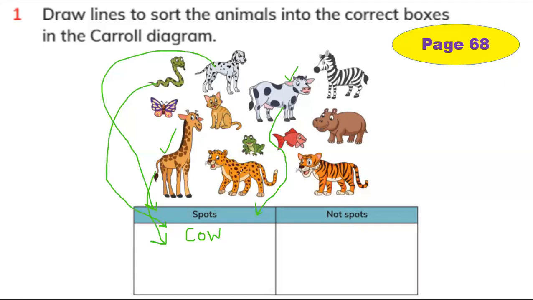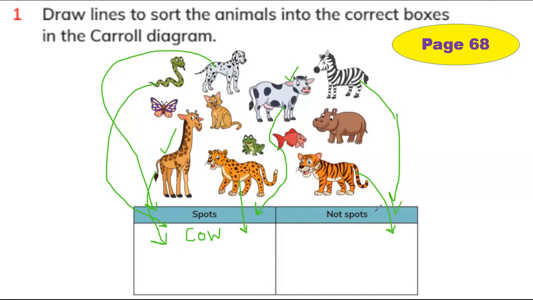And look at the tiger and lion. Okay, so this tiger has spots and this one is without spots. I'm going to draw here, right? And look at the zebra, without stripes, sorry, without spots.